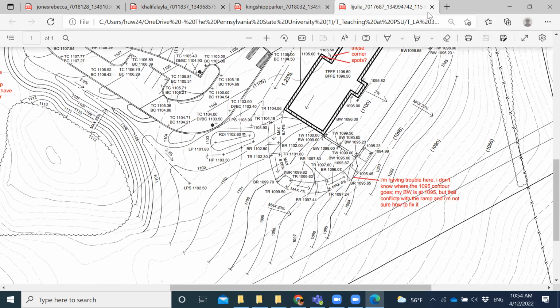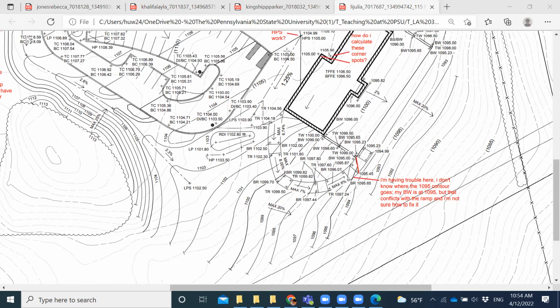Let's see. I want to make it thicker. Reason being, oh, okay. So these, I think those are wrong.